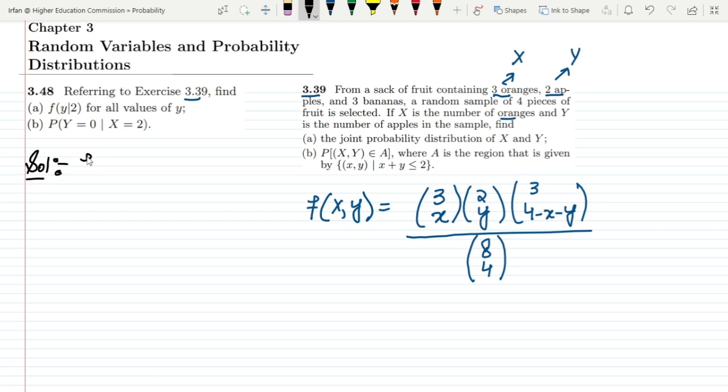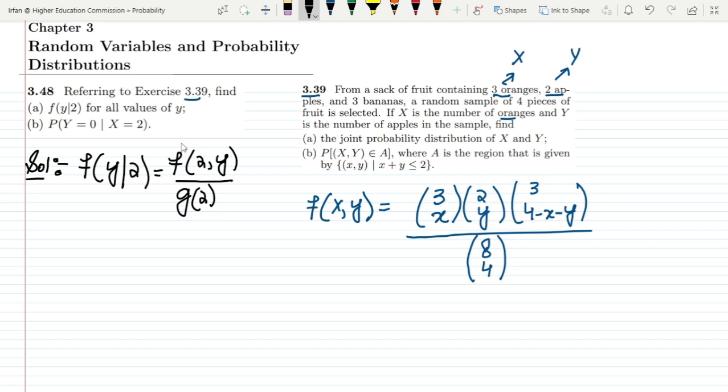To find the probability of y given x, by using the conditional probability, we can have f of 2 and y divided by the probability of x equal to 2.